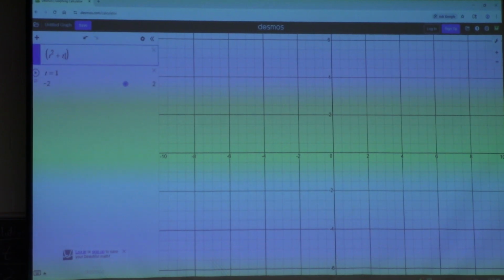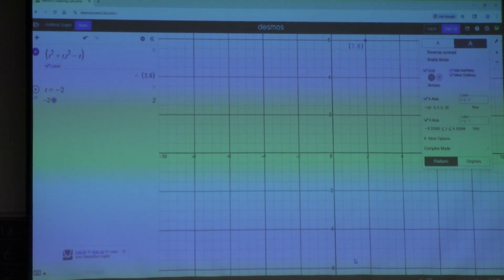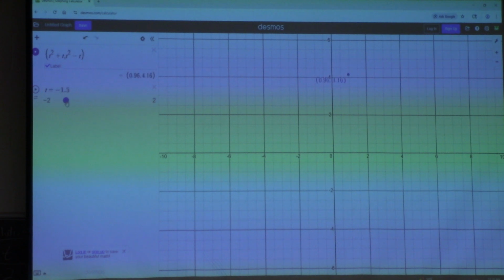The y-coordinate is t squared minus t. Okay, so let's look at the beginning. At the beginning, look, there we are at 2, 6. Can everybody see the coordinate up there? Now let's make time travel from minus 2 to 2, and there we go. Isn't that cool? Now let's get rid of the slider, and then it's going to ask us to give the domain. So minus 2 to 2, there we go. There's the whole graph.